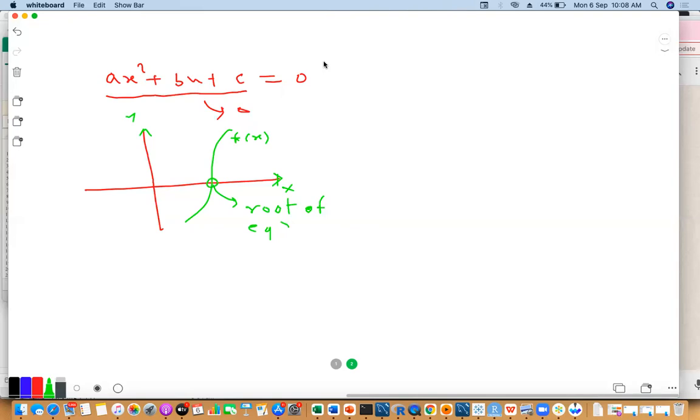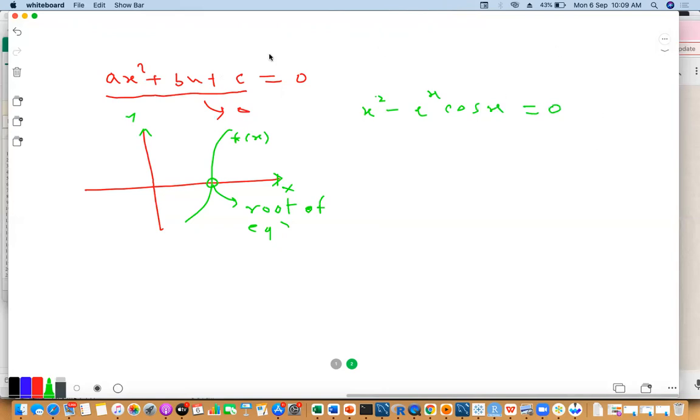So for a quadratic equation, you can easily find the root of the equation. You have 2-3 methods, and by those methods you can easily solve. For cubic also you can solve, but there might be some equations, like let us say we have one equation as x square minus e to the power x cos x is equal to 0.